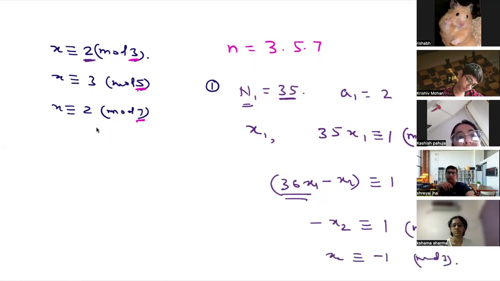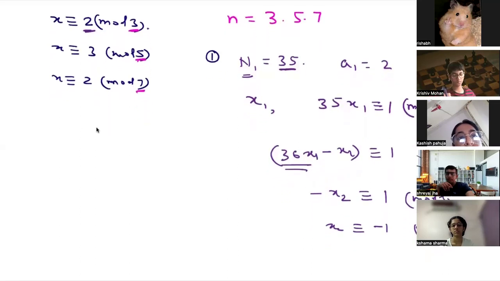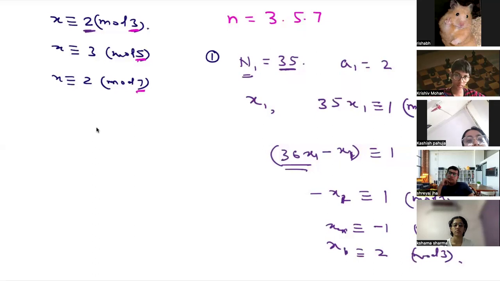Is this okay? So what is the value of this? X1 is congruent to 2 mod 3. So the X1 is 2 in this case, the value of X1.